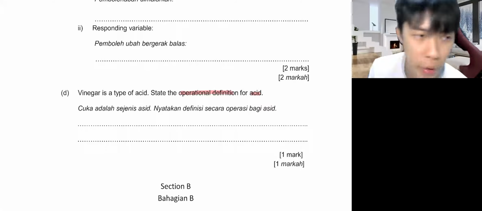Then the 5-year-old kid will look at you like, I don't understand, right? So the easiest way is to show what he can see in an experiment, which is this one. Acid, which is what we have, vinegar, is something that can coagulate the latex. Okay, no problem. All right, that's your operational.